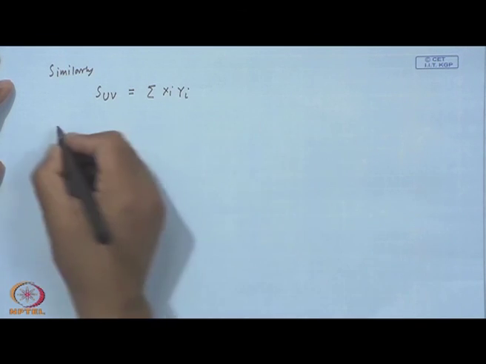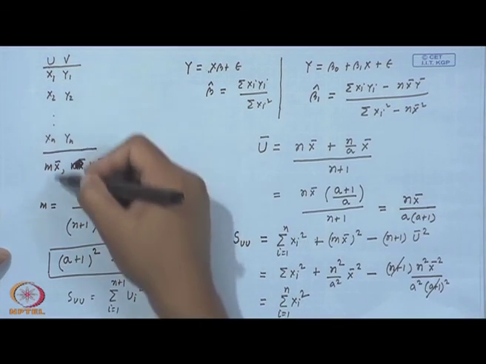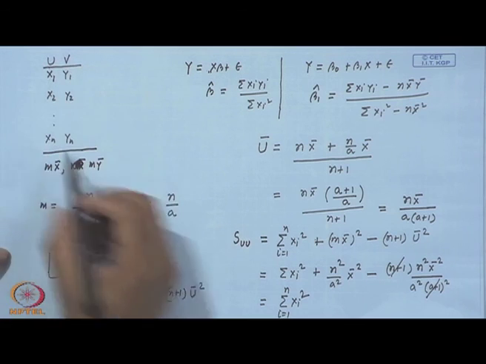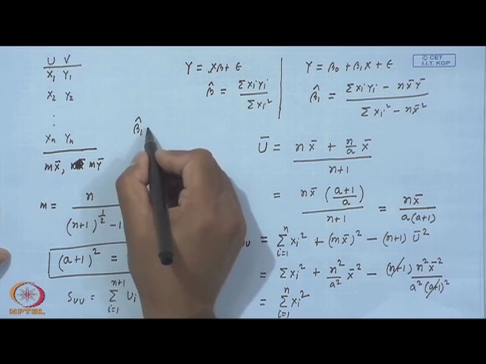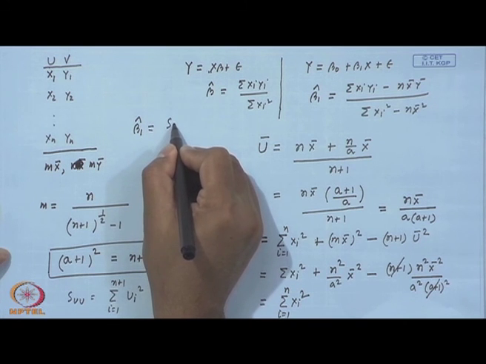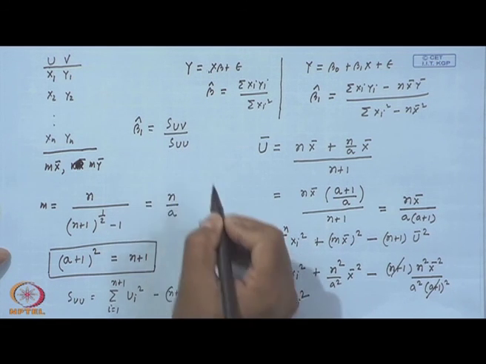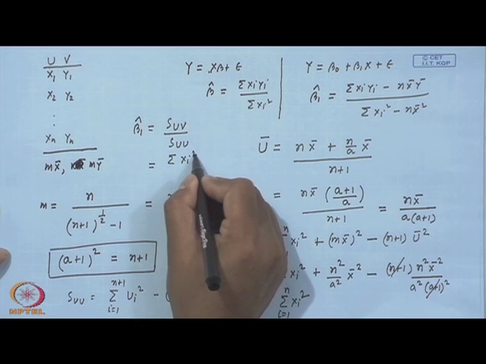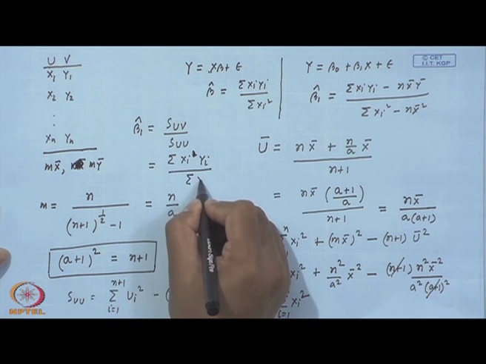Okay. So, now if you apply the programmed calculator to the new set of data which involves n plus 1 data points, and we call them u, v, then the programmed calculator will give you the estimate beta 1 hat, which is equal to S u v by S u u, and you have proved that S u v is nothing but summation x_i y_i, and S u u is equal to summation x_i square.